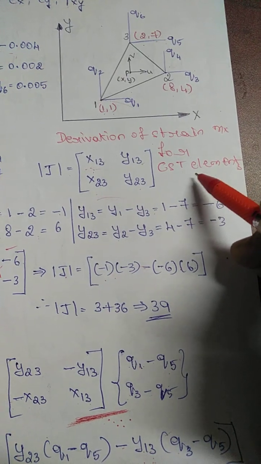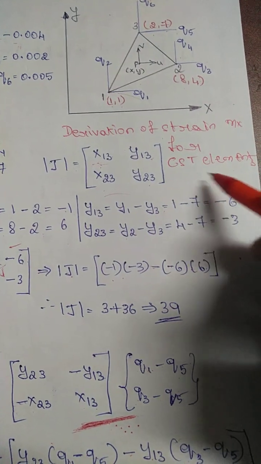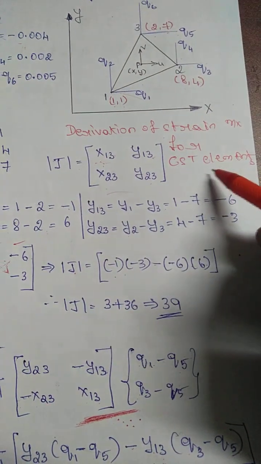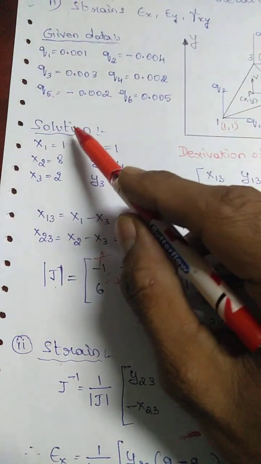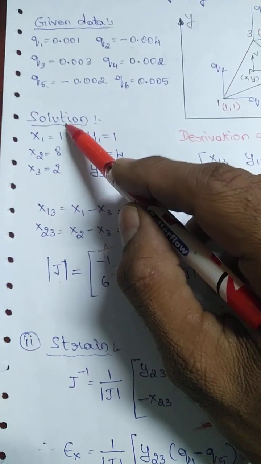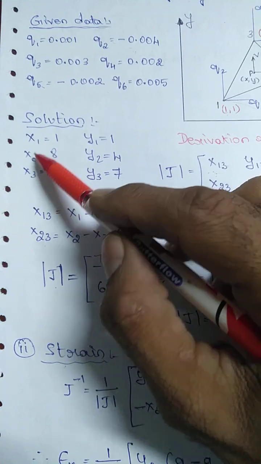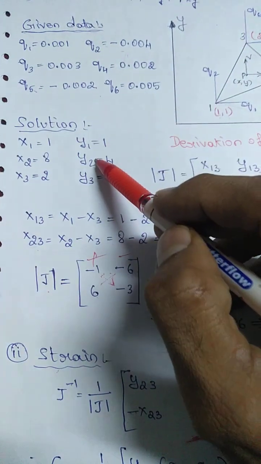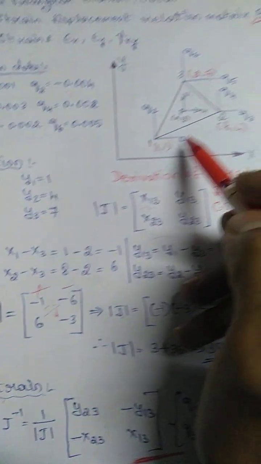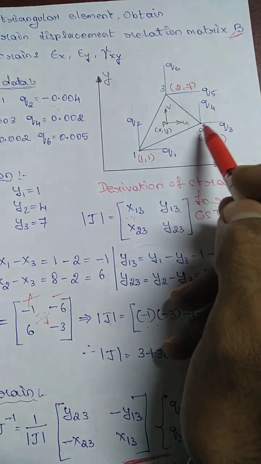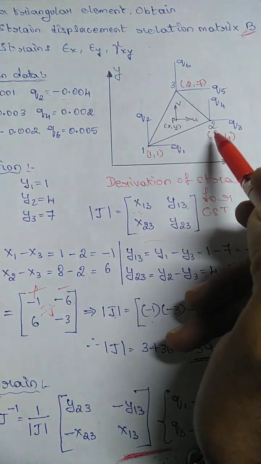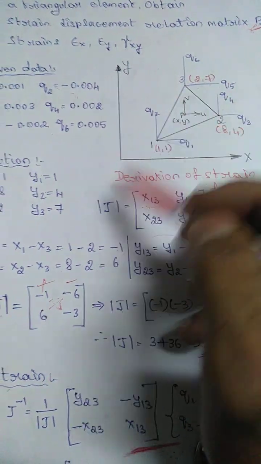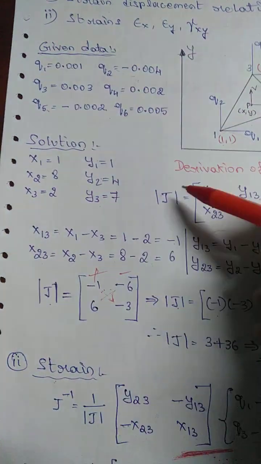They have given the explanation and derived how this comes. So initially, in the solution part, the x1, x2, x3, y1, y2, y3 values are given at node 1, node 2, node 3. We have to note it down.